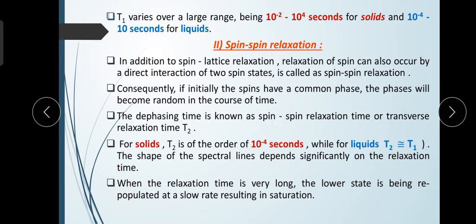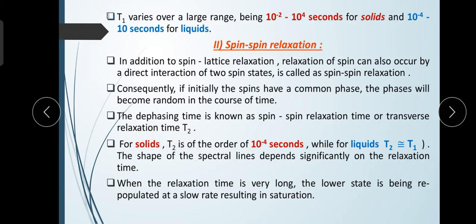That means suppose all those spins are in the same phase, but as time goes, the phases will change due to the spin interaction, and this is the dephasing, and the time required for this dephasing is nothing but the spin relaxation time. That means the dephasing time is known as the spin relaxation time, or transverse relaxation time, capital T2.